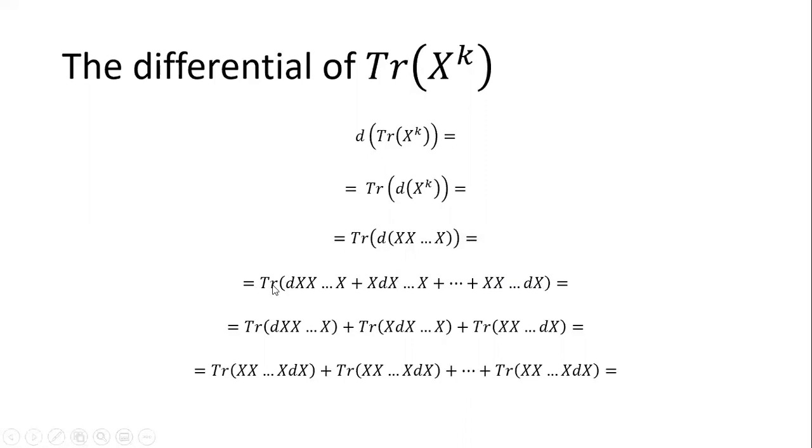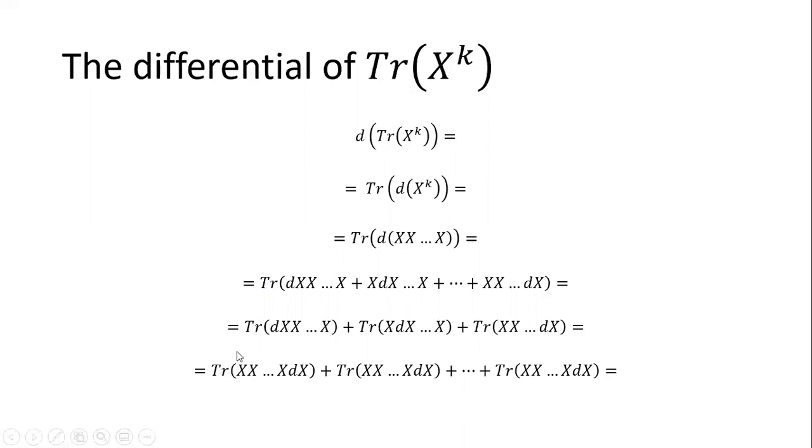Now we know that trace is a linear function, so each element in the sum can be inserted inside a trace. So we get the trace of this element, and the trace of this element, and the trace of this element. Now, since trace is a cyclic function, we can move each element of the sum to look of this shape, and then we get that all elements look the same. Now we can sum them.